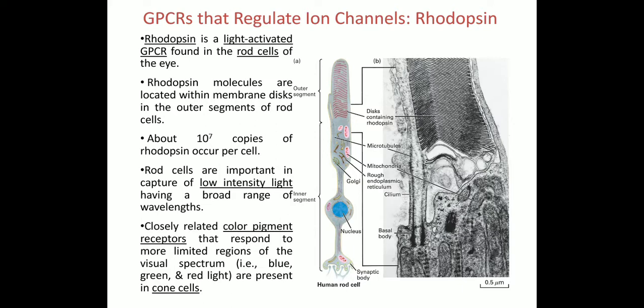In humans, the rod cells contain 4 times 10 to the 7 molecules of rhodopsin, which consists of the 7-spanning protein called opsin, to which the light absorbing pigment 11-cis retinal is covalently bound.